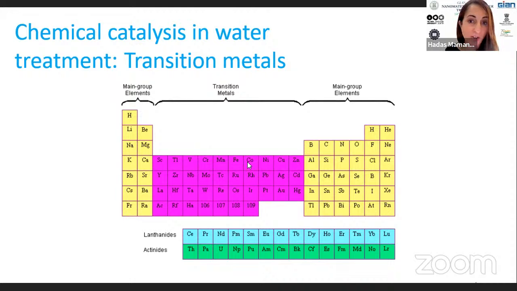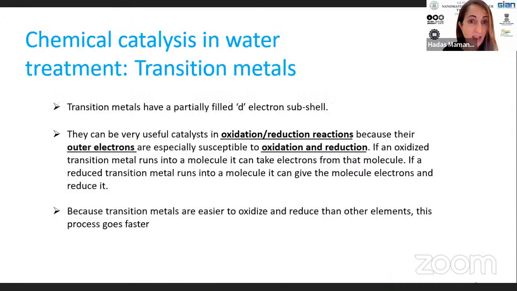When we look at the different metals that could be used for photocatalysis, we actually look at the transition metals, okay? Some of the transition metals can be used as a catalyst. These transition metals could be very useful in oxidation reduction reactions because of their outer electrons, and are especially susceptible to oxidation and reduction.